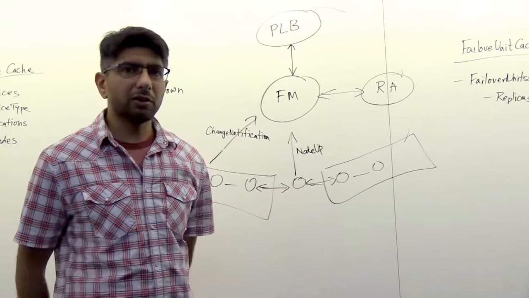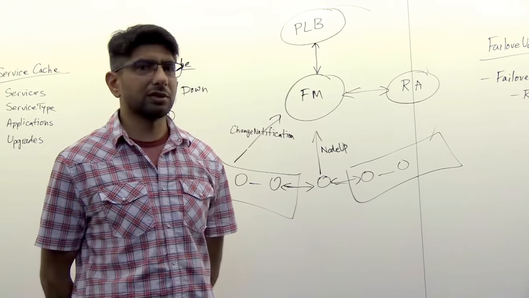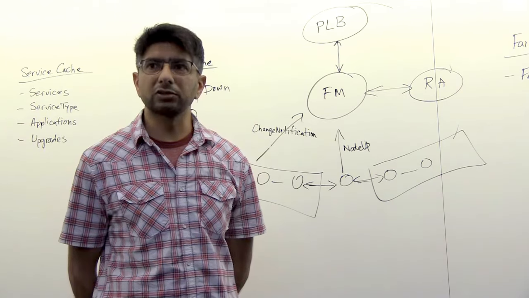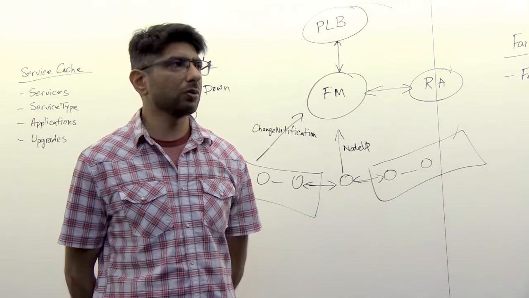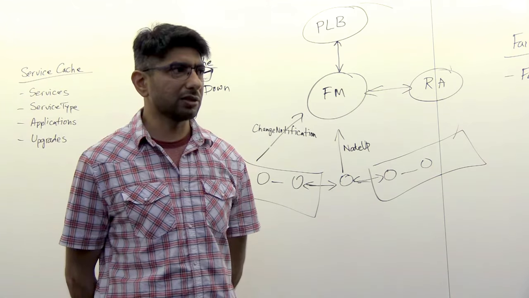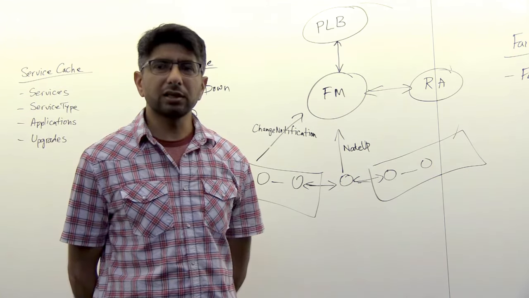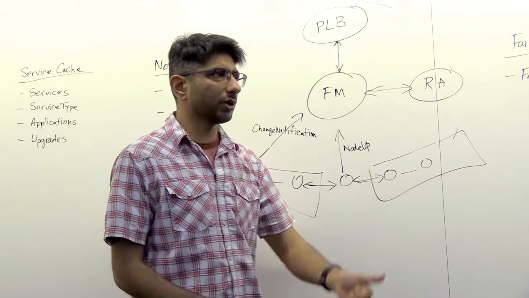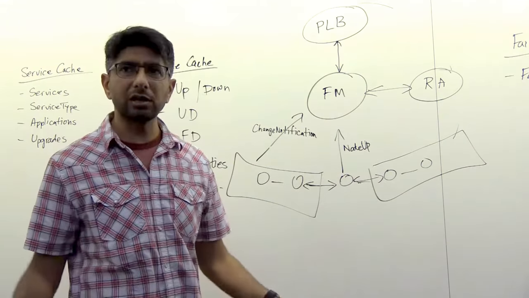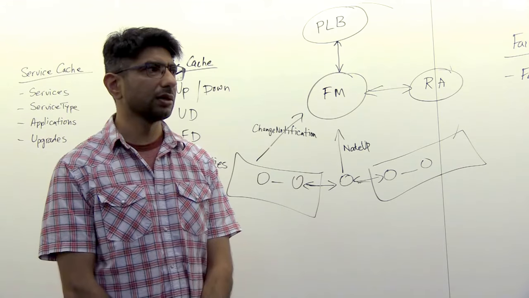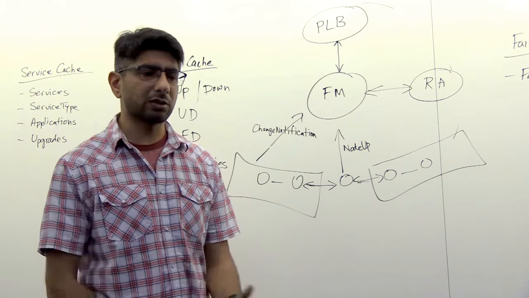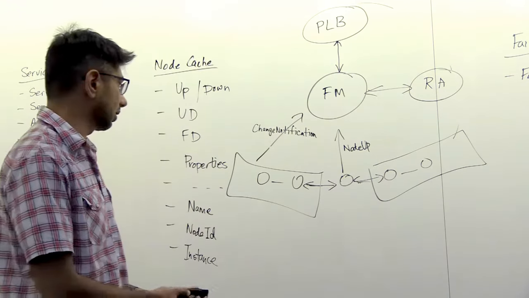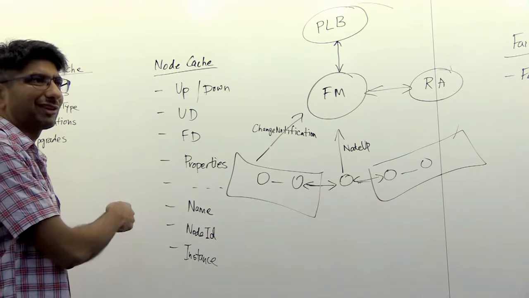However, the primary going down results in immediate unavailability of the service, so we don't want to wait unnecessarily. In that case, FM makes one small call into PLB. It's not running any load balancing algorithm at that point, just checking some quick constraints, because there are also placement constraints and all those things.